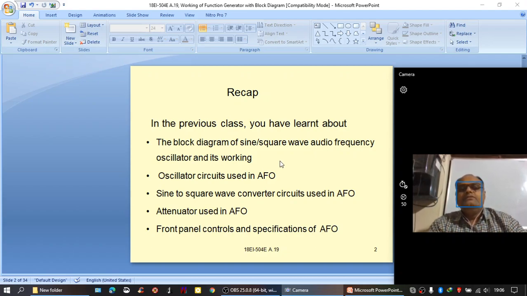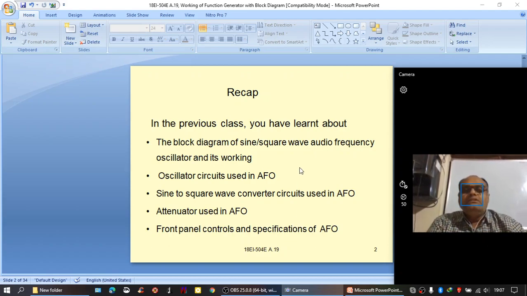In the last class, we have studied about the block diagram of a sine or square wave audio frequency oscillator and its working, oscillator circuit used in AFO, sine to square wave converter used in AFO, attenuator used in AFO, and then the front panel controls and specifications.